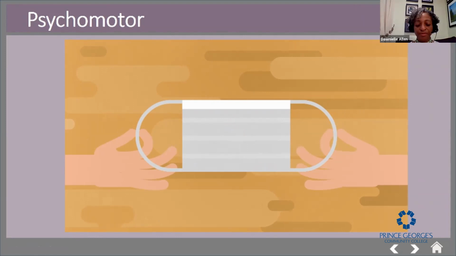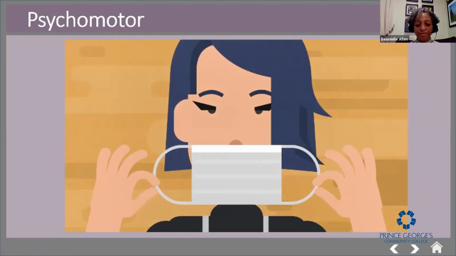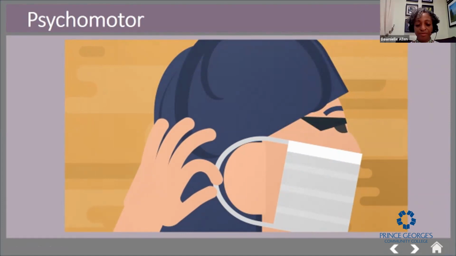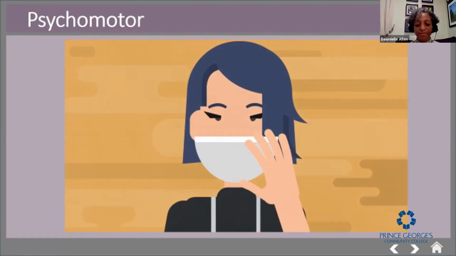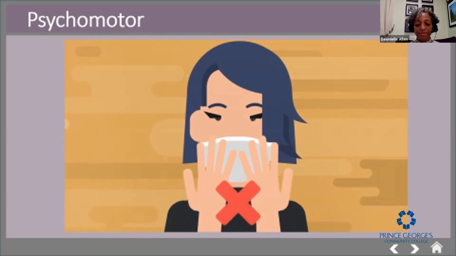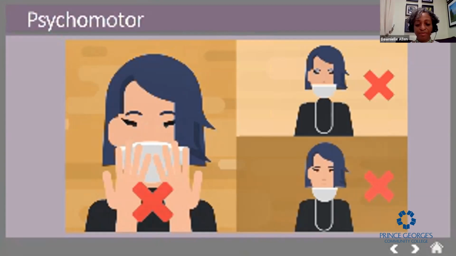Now, holding the mask by the straps, lift it to your face and bring the straps around either your ears or the back of your head, depending on the type of mask. If your mask has a bendable top edge, go ahead and pinch it now to contour it to your nose. The mask should fit from above the tip of your nose to just below your chin. While wearing, avoid touching your face or mask with your hands so that you don't contaminate anything, and do not lower the mask below your nose or mouth.